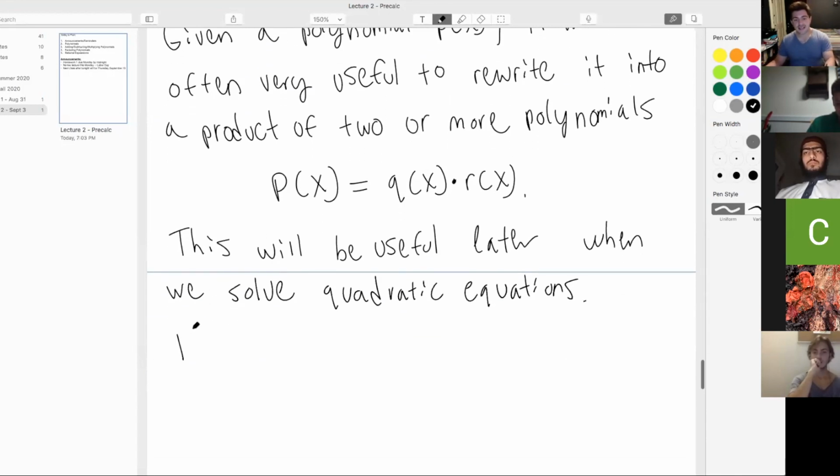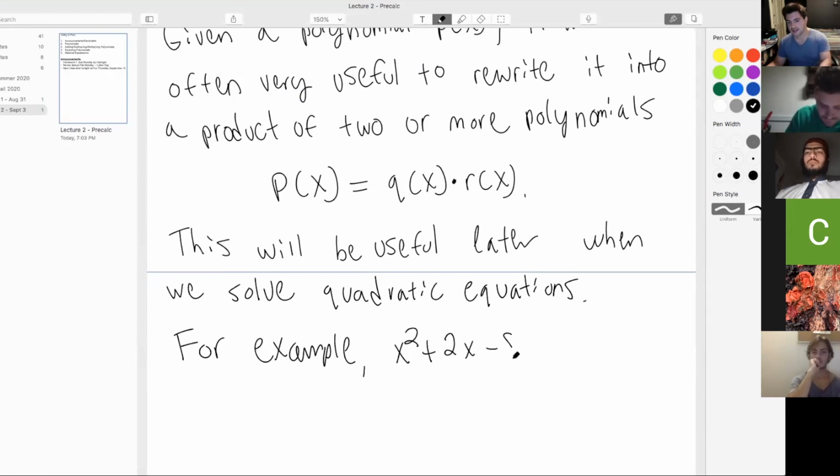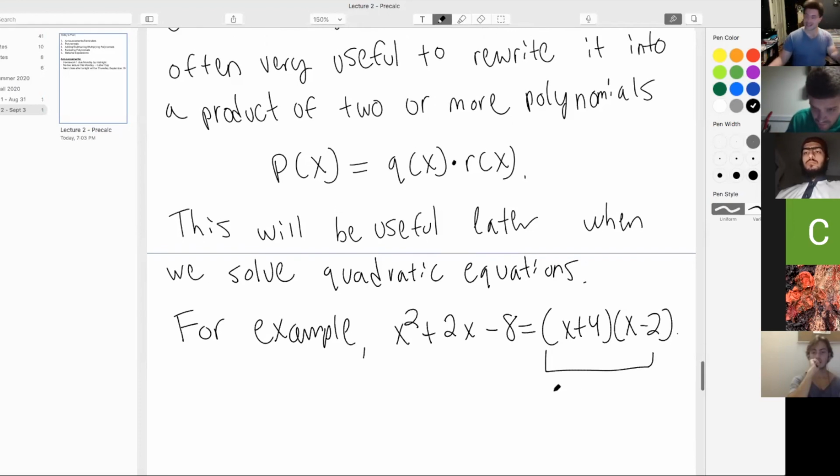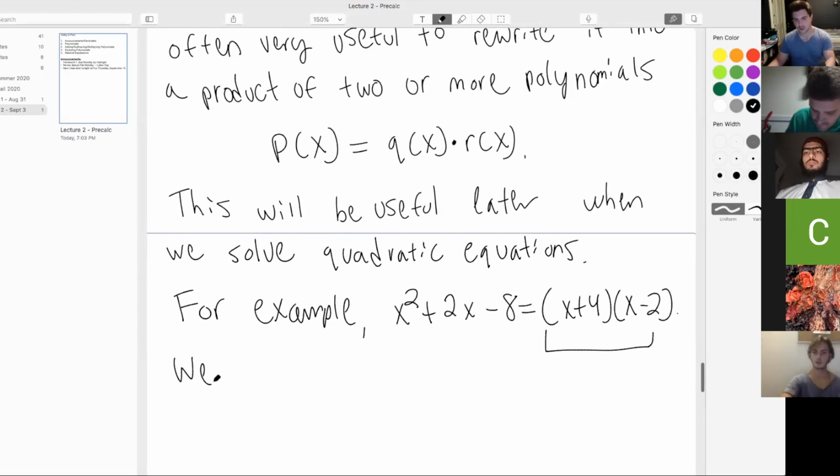For example, what if I told you that x squared plus 2x minus 8 also equals x plus 4 multiplied by x minus 2? This is a true equality, but how did I get this? That's the question we'll be answering now.